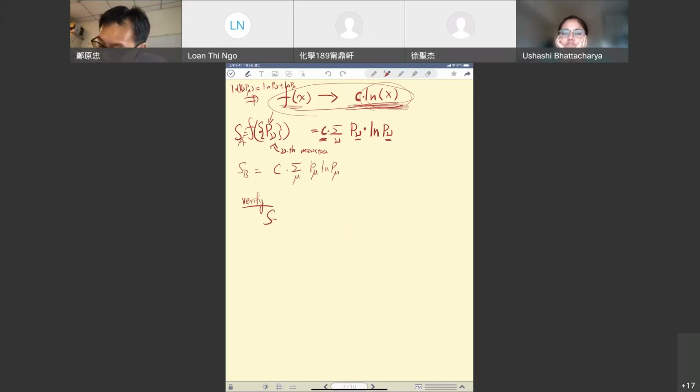So S total from the same formula should be the constant times the summation over mu and nu of P mu nu times natural log P mu nu, because S total is determined by this distribution.